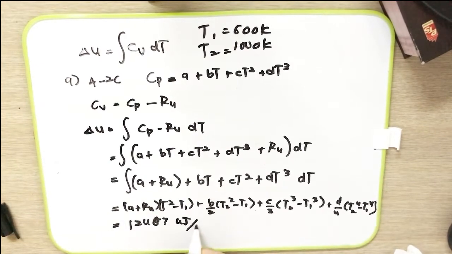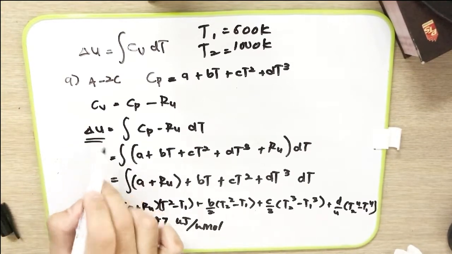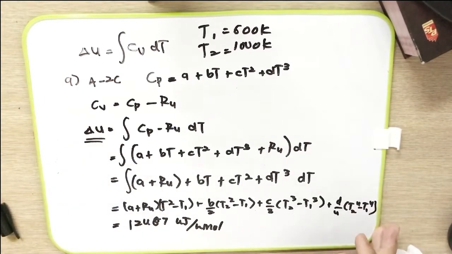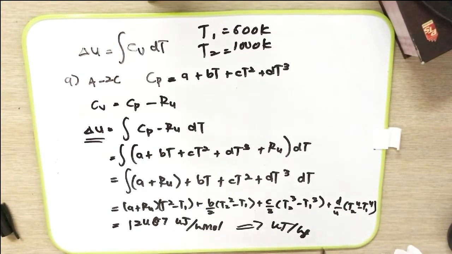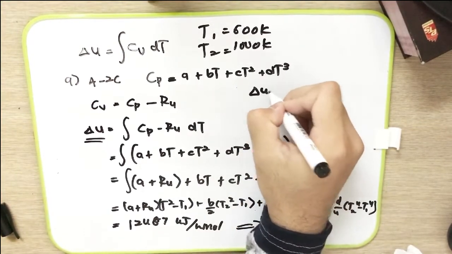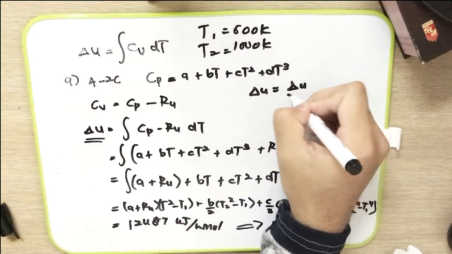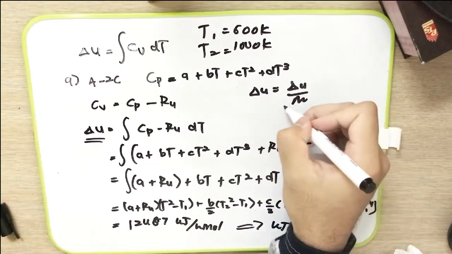Then we will get 12487 kilojoule per kilomole. So this is delta U. But in this delta U, we get kilojoule per kilomole, but the question needs you to calculate in kilojoule per kg. So how? We need to divide by the molecular weight.